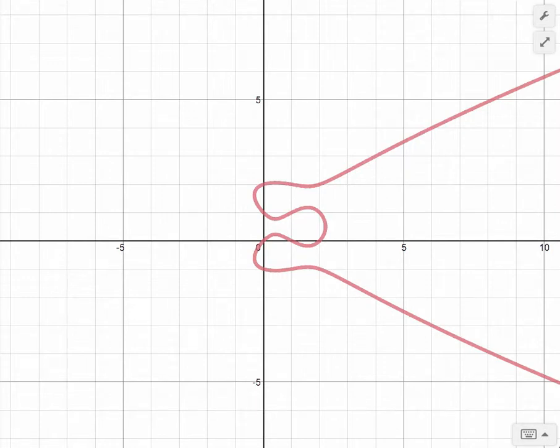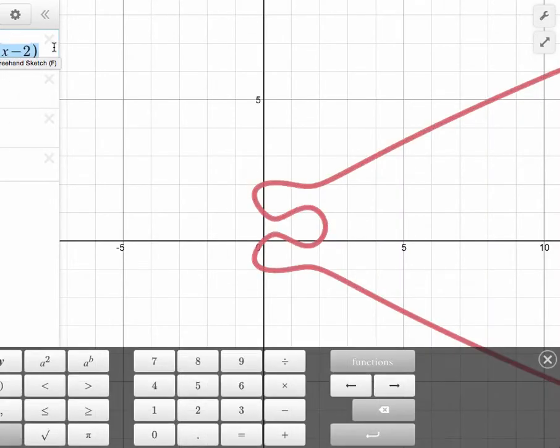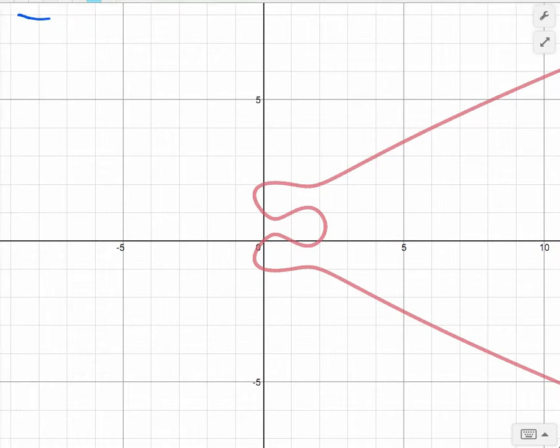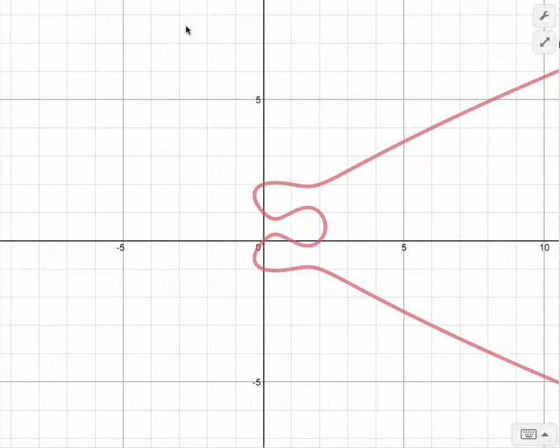Okay, so let's look at this example where we were asked to look at the curve. So we've got the curve.